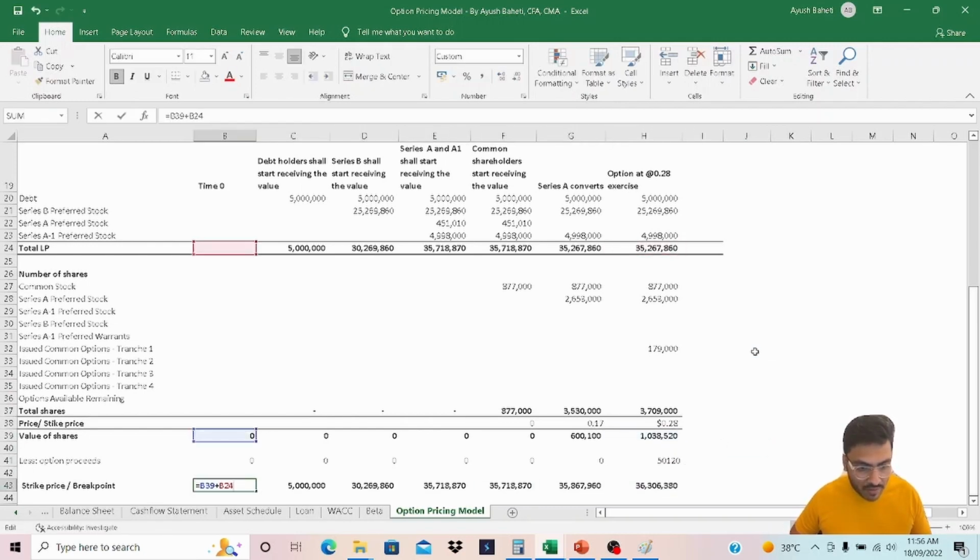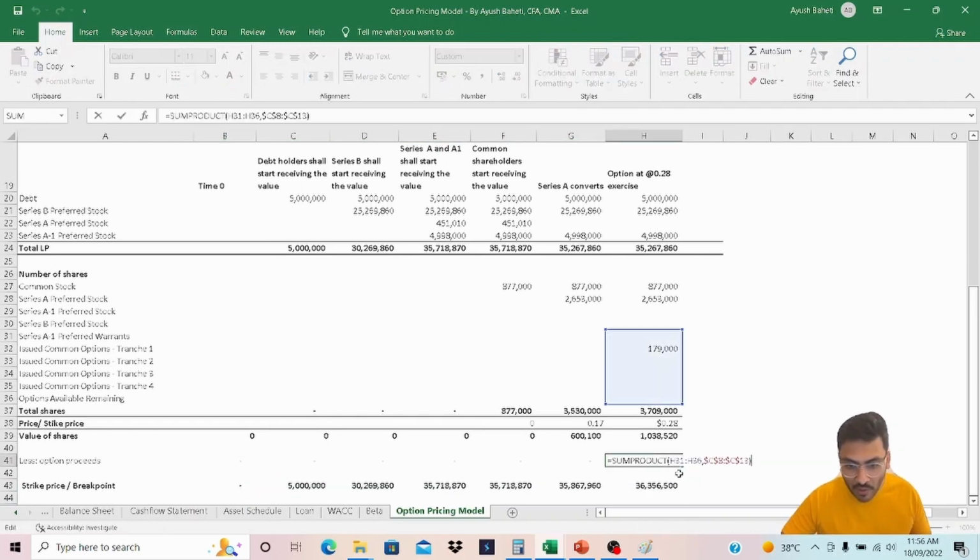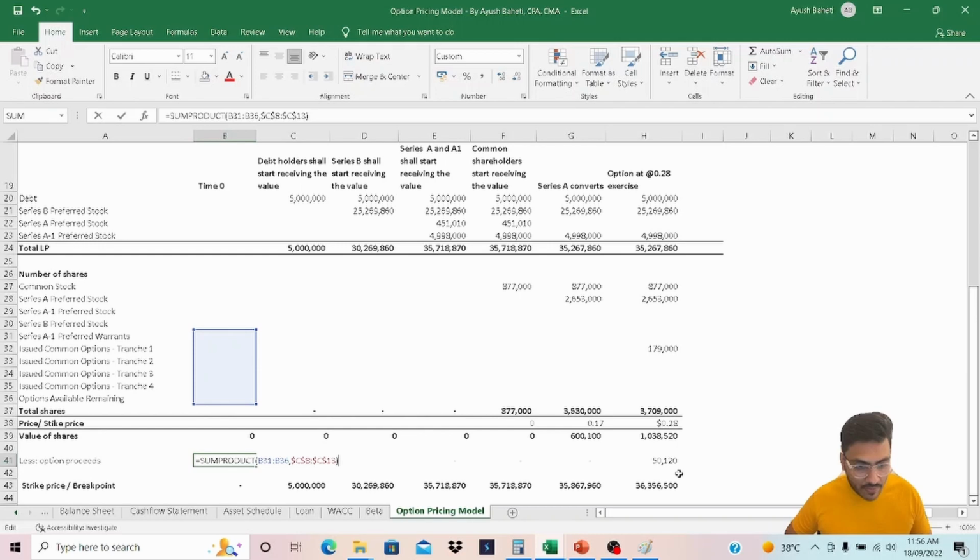Now my formula will become this plus this plus this. Now this is the cash inflow for me. What I will do is put a negative sign.